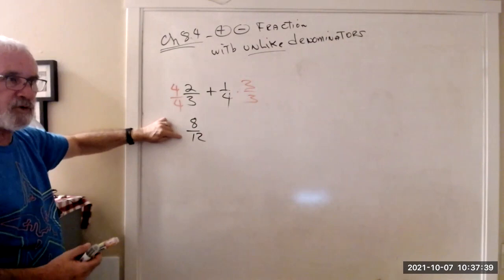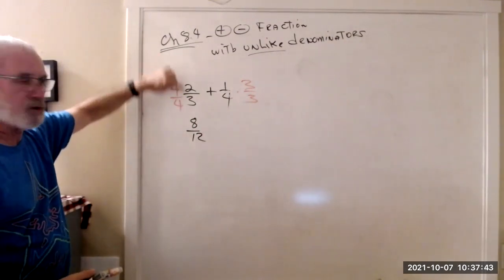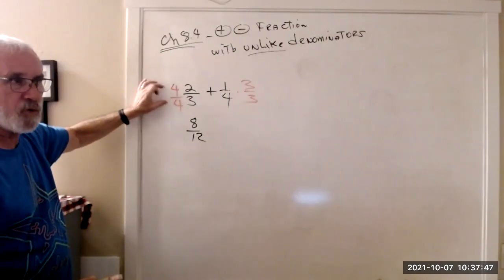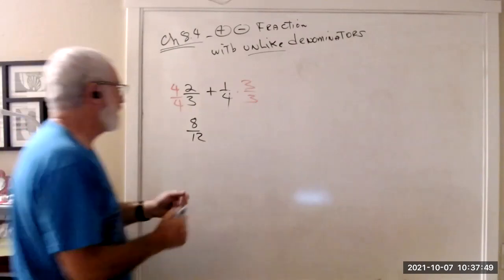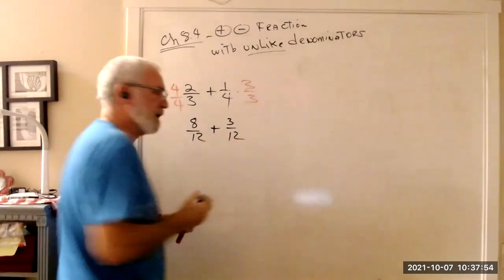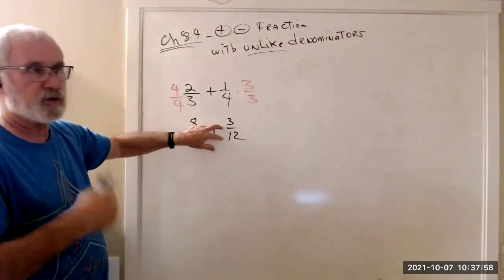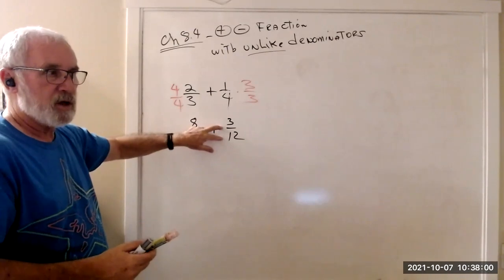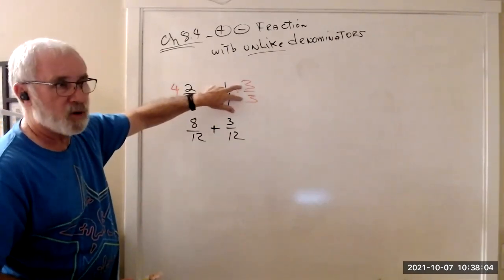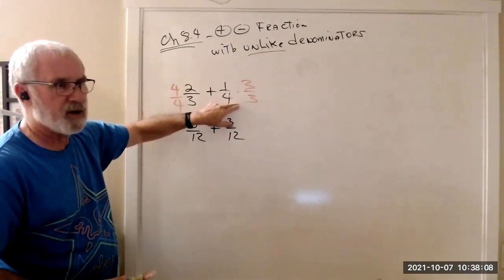It looks different, but it's worth the same amount of money. 2/3 and 8/12, because you actually only multiplied by 1. 4 over 4 is 1. Same thing here. This becomes 3/12. Again, 1/4 and 3/12 look different, but they're worth exactly the same because you only multiply by a 1 to top and bottom, always top and bottom.